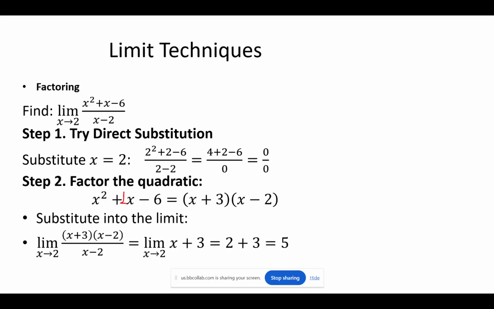We don't see a number in front of the x, but that means it's a 1. The two numbers would be positive 3 and negative 2, because if you multiply them, you get negative 6, and if you add them, you get 1. So this would be the factorization: x plus 3 times x minus 2.